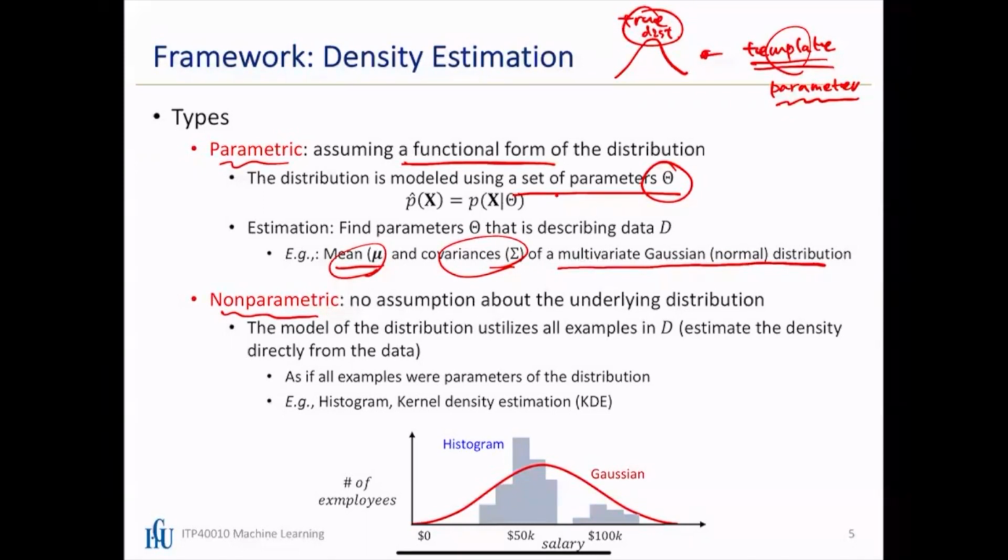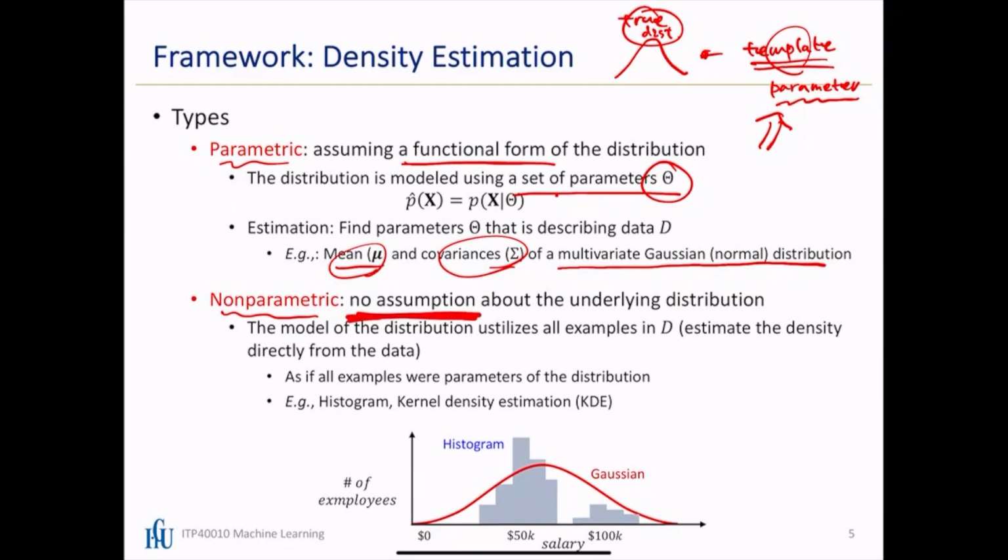On the other hand, we are going to study non-parametric methods as well. The big component in the parametric approach was assuming the template of your true distribution. For non-parametric approaches, we don't assume there is such a template.